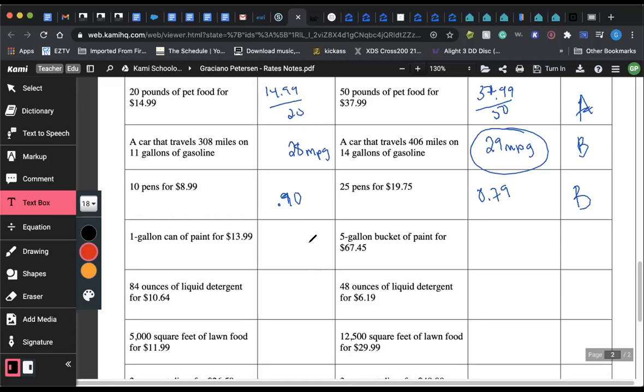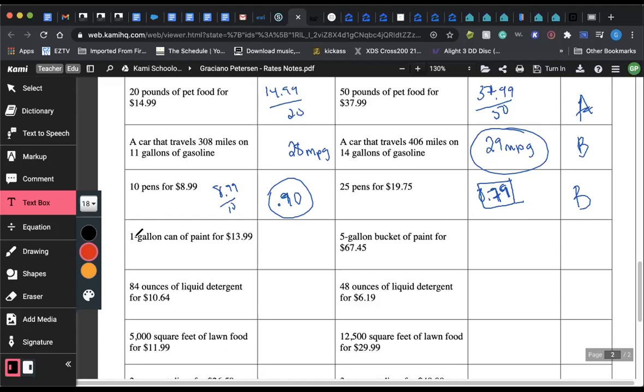And when you rounded, for the first one we have $8.99 divided by 10, which gives you 0.899, so that rounds up to 90. And $19.75 divided by 25 gives you exactly 79 cents. So we only need to round when the numbers go beyond the cents, right? If there's another number here, then we would need to round. But when it stops right on the money, as they would say, we don't need to round it. Okay.